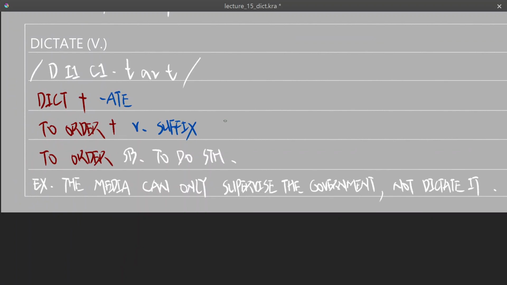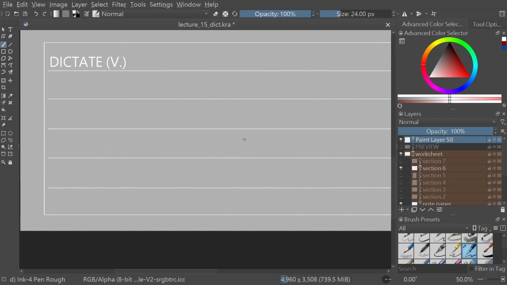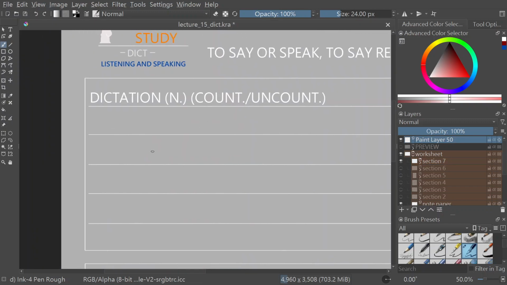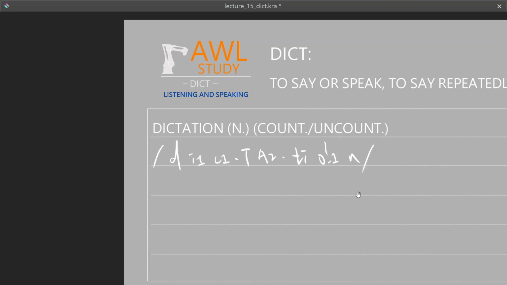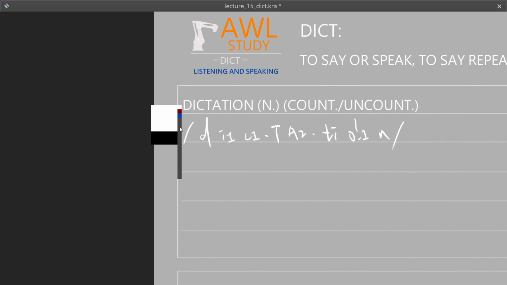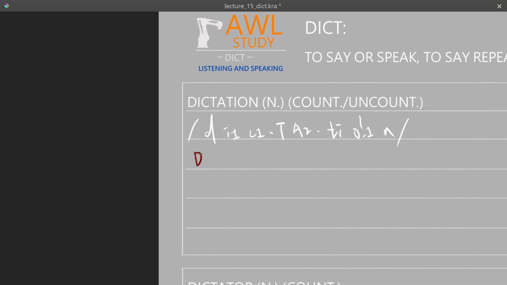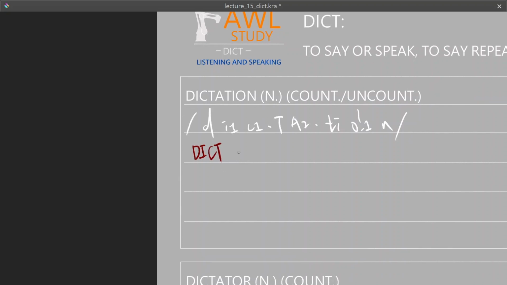All right, next we have dictation. Cool. Dictation. And we have the root dict, meaning to order.